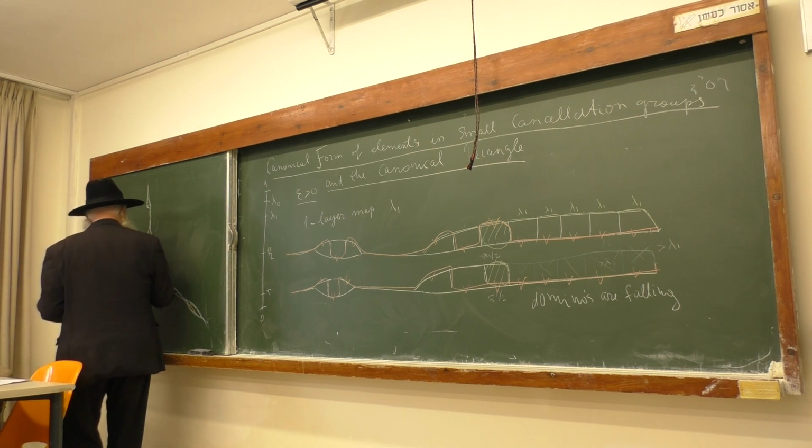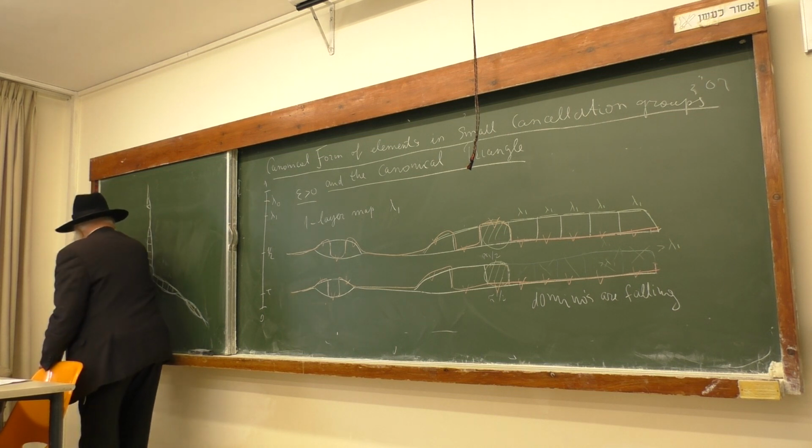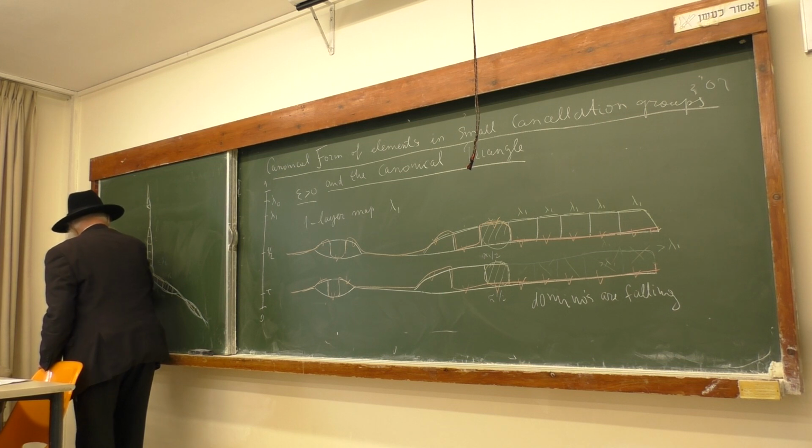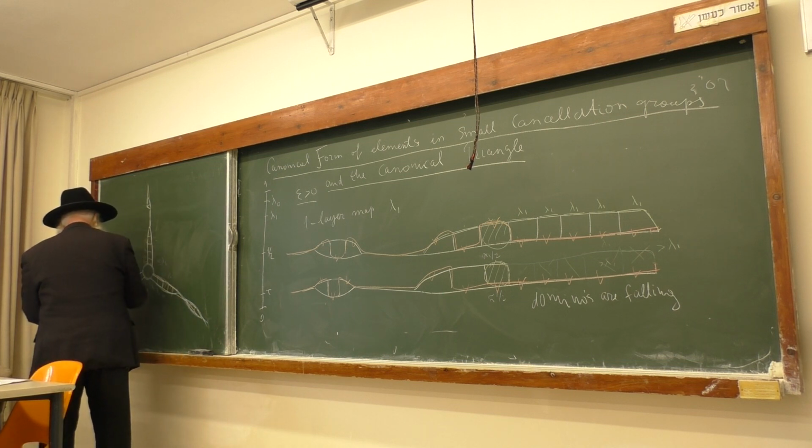Now, here, these are the short sides. So it will be going here, and it goes this way. This will have 1/2 and 1/2. So it goes until this place.